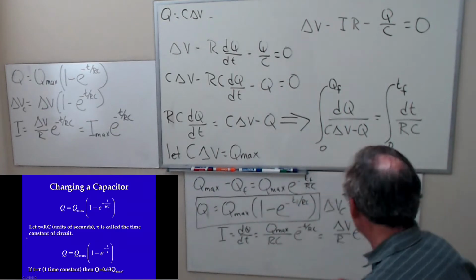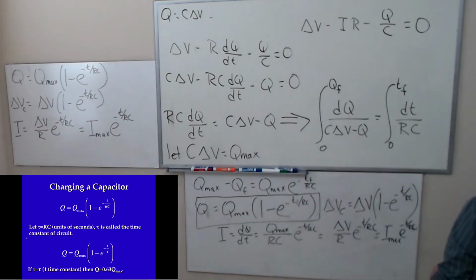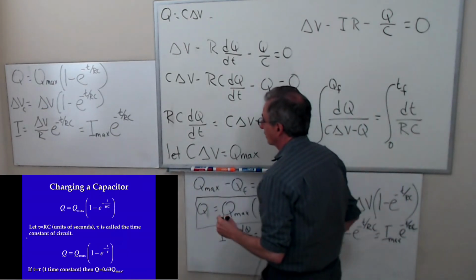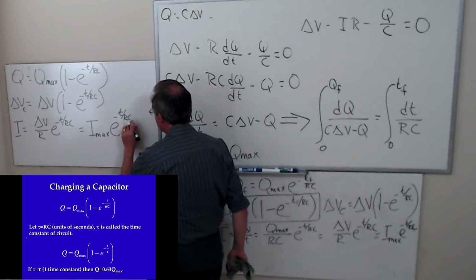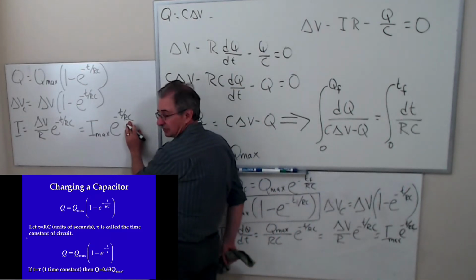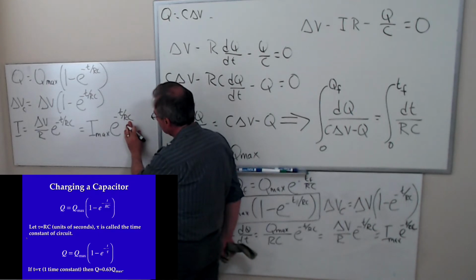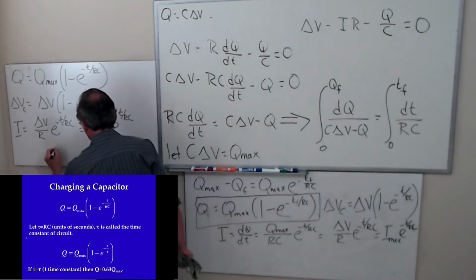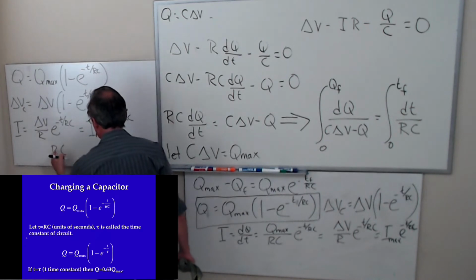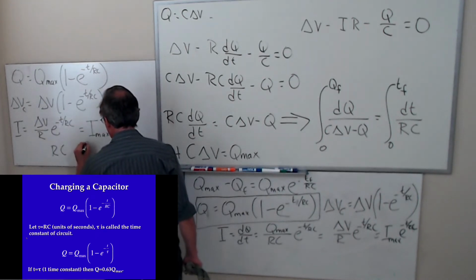Now, a lot of times we use a substitution for this. Now, this actually has units of seconds. How do I show that? R times C has units of seconds. Well, the units for R is volts per amp.